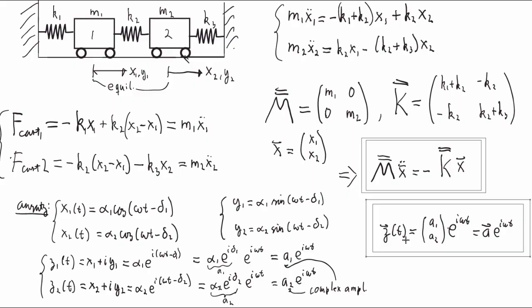And you can now see that actually this has the same general form as the solution to a harmonic oscillator, just as the differential equation that we started with had the same form as the equation for simple harmonic oscillators. The difference is that this is now a matrix equation, and the solution now is a vector equation, not just a scalar.